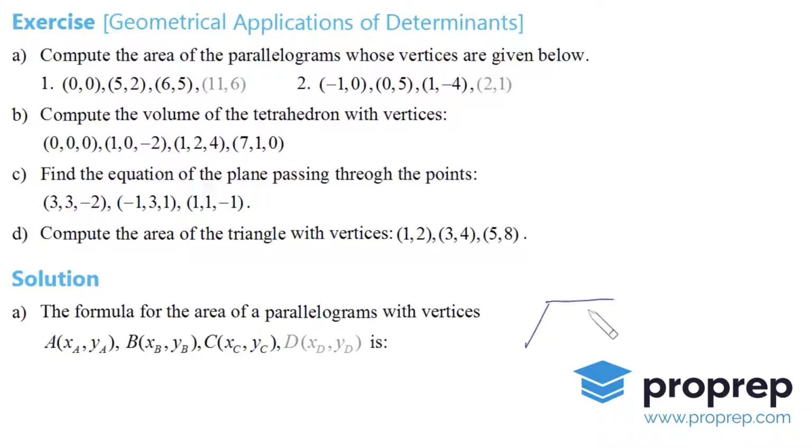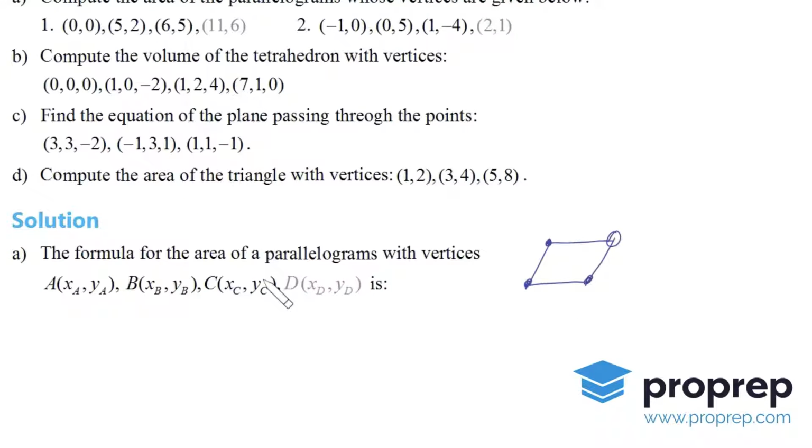If I'm given this point, this point, and this point, that completely determines the parallelogram, because the fourth point has to go in such a way that this line is parallel to this, and this is parallel to this. So we don't really need the fourth point, but it was given, so I just made it a different shade. Okay, now the formula, given 3 points, here it is.